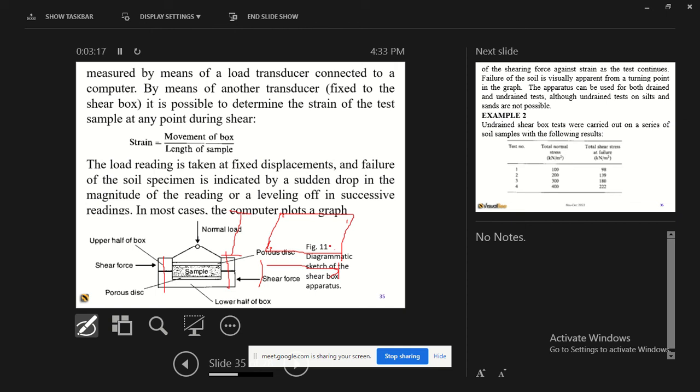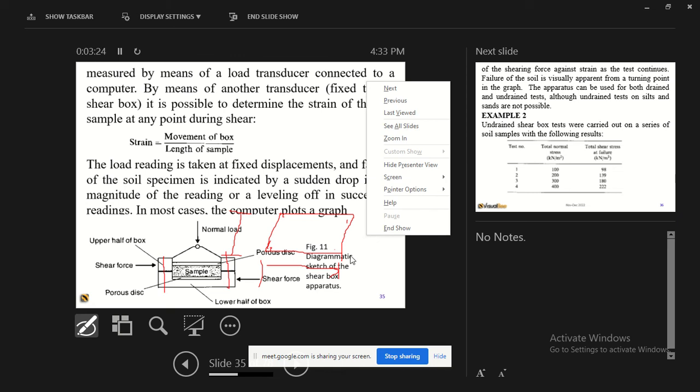Those pins are just to make sure the corners of the equipment are aligned. When you are doing the test, you have to remove the pins, otherwise you'll be shearing the pins. So once you assemble, put the sample inside.